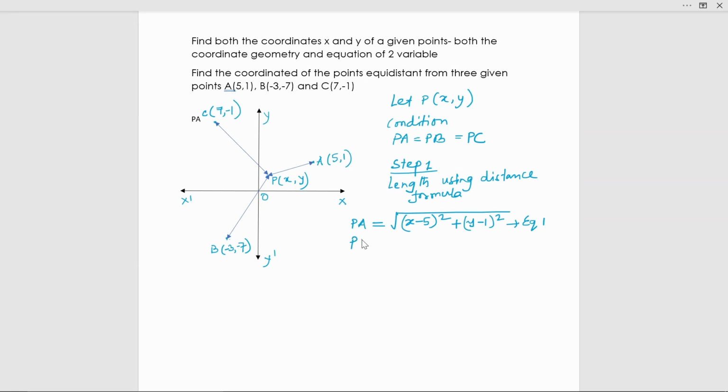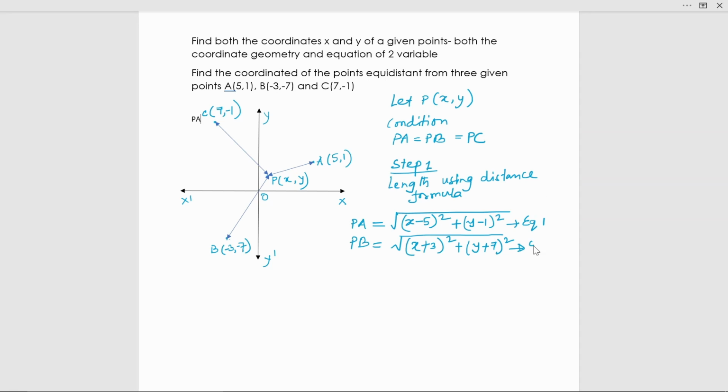Then we'll find PB, which is given by root over of (x minus of minus 3) square, so minus of minus 3 is plus 3, (x plus 3) square plus (y minus of minus 7) square, which is (y plus 7) square.